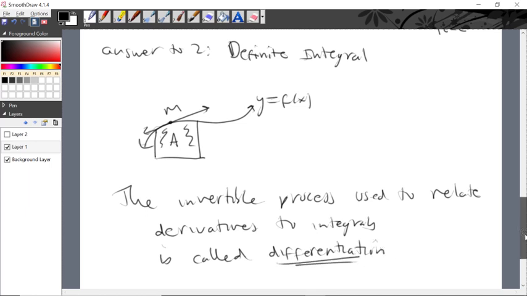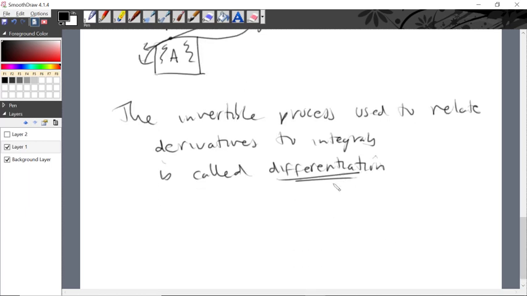Differentiation is the process. The inverse of that process is called anti-differentiation. So we'll be finding derivatives and we'll be finding antiderivatives.